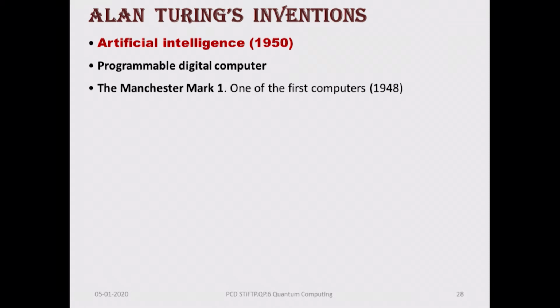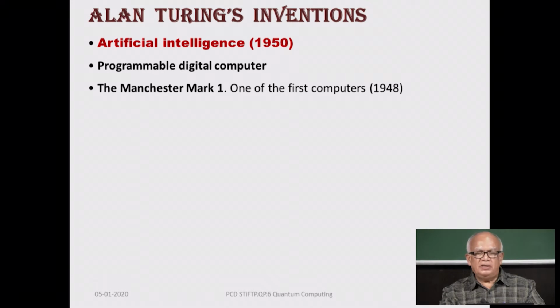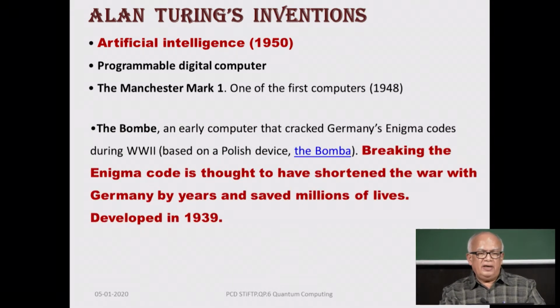A programmable digital computer, one of the first computers, was built on the ideas of Turing. Then he came up with what is called the bomb, which was an early computer which cracked Germany's Enigma codes during the Second World War.